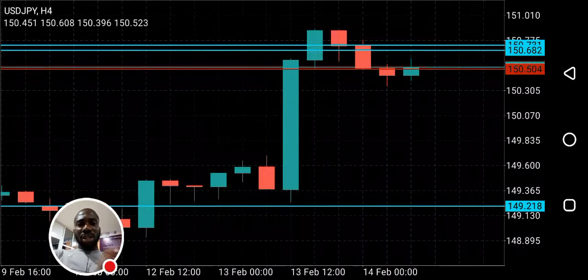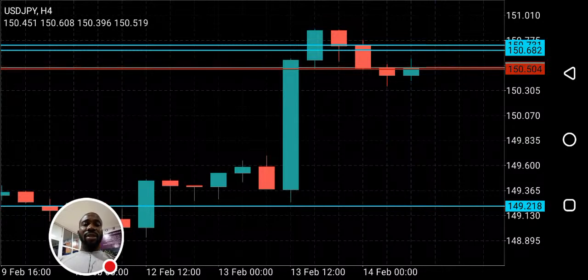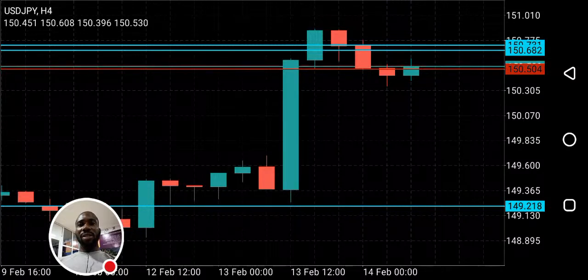If you are new to trading, don't risk more than 1% of your account on any trade you execute. If you are experienced and you understand your system, you could apply 2%. But if you are new to trading, please stick to 1%. If you have $500 you are trading with, $5 is 1% on every trade you execute.